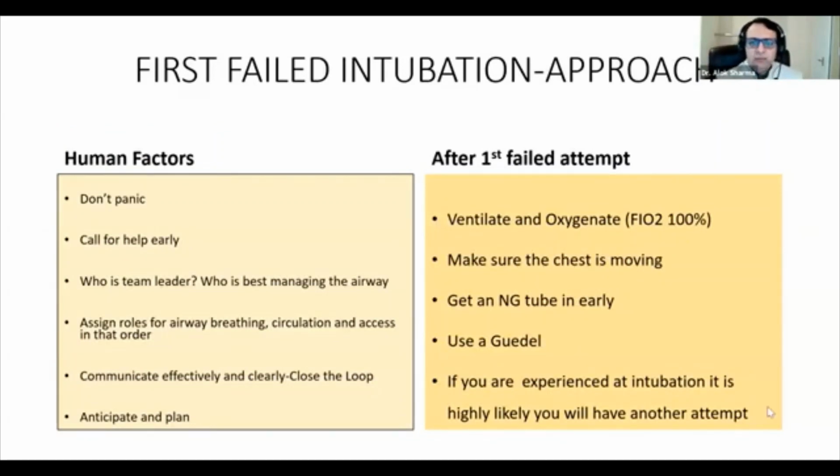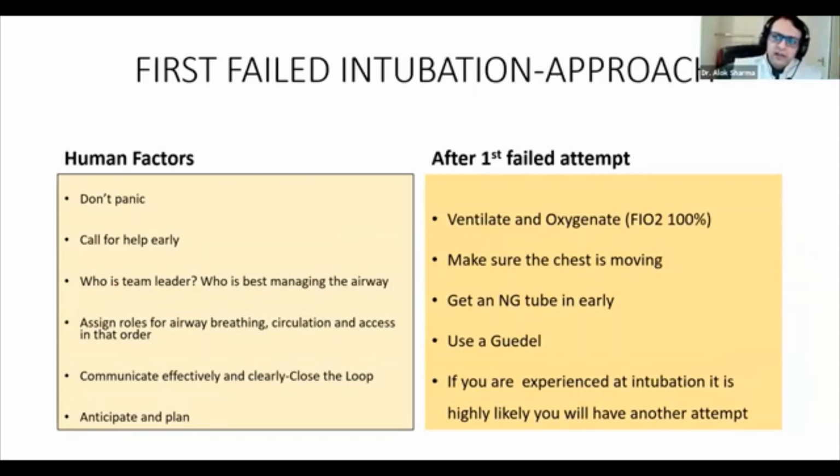Key things that we train, so we simulate a lot, and Justin, my colleague, is going to talk to you about that, is in situations like that, if you're having difficulty with either intubation or mask ventilation, not to panic. Now, how do you not panic? One of the things that we've learned over the years is a concept that we call stress inoculation.